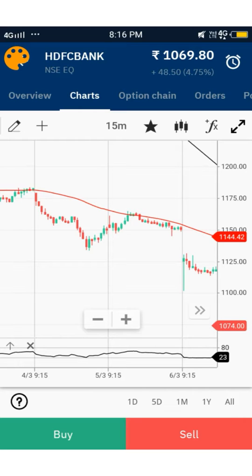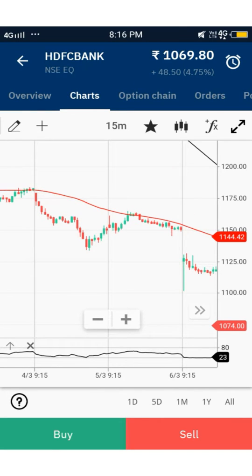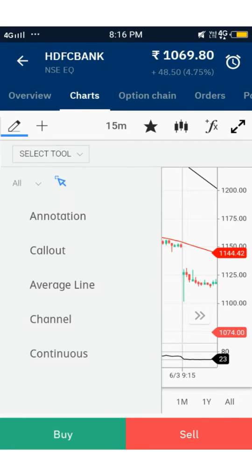I am not using any indicator, just trend lines. This is the uptrend, this is the downtrend. Just check it for the trend line. How to draw the trend line.